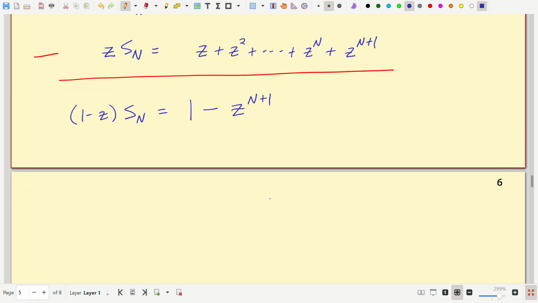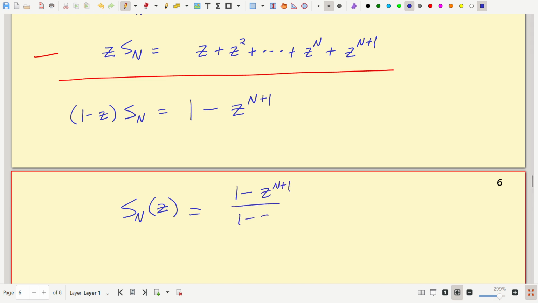So the nth partial sum, I suppose I should call it S_n of z, is 1 minus z to the n plus 1 over 1 minus z. That's worth putting in a red box.